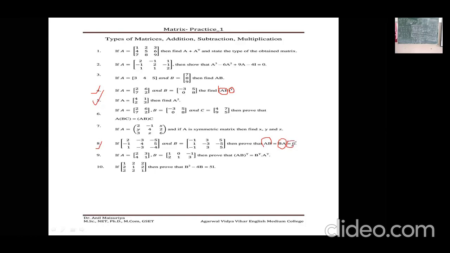So here you will definitely get 0 as the answer. And again you have to solve question number 9, that is first you have to find A into B and then the transpose of AB. Then find A transpose, and then multiply B transpose with A transpose.